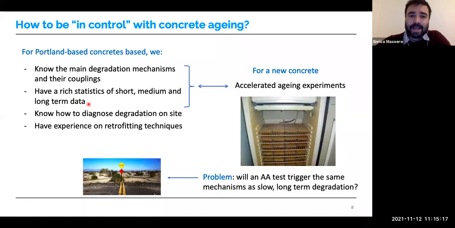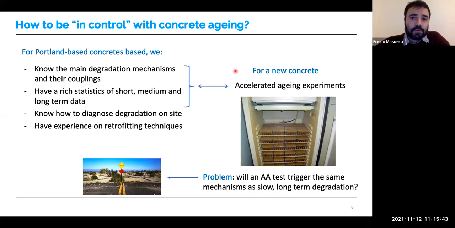We know how we can diagnose degradation on site, and we have experience on how to fix it. Also, because we know the mechanisms and we have data, we have developed a suite of accelerated aging experiments that try to excite those mechanisms in a shorter time and can give us an idea of how the material will behave over a long time, despite doing a short-term test.